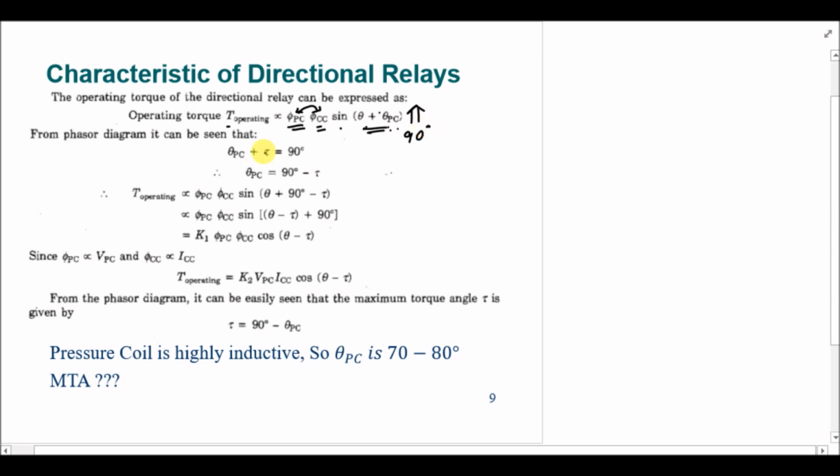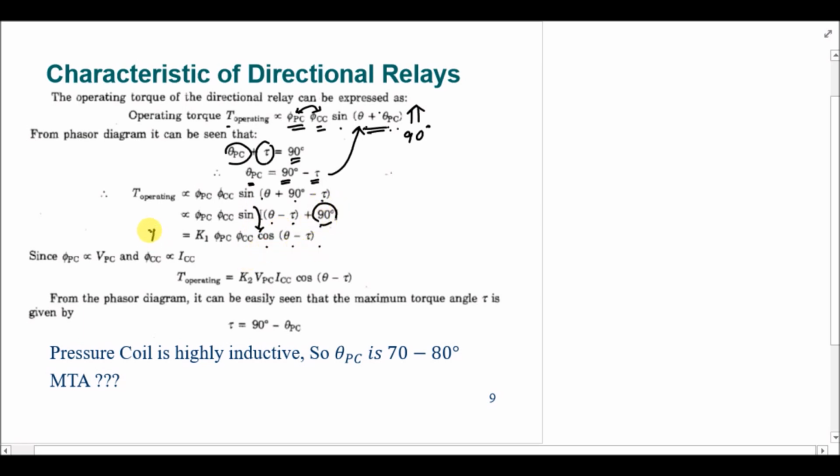And from the phasor diagram, we know that theta PC plus tau is equal to 90 degree, and theta PC is equal to 90 degree minus tau. And putting this value here, theta plus 90 degree minus tau is equal to theta minus tau plus 90 degree. And converting this sine into cosine by using this 90, we have cosine theta minus tau.